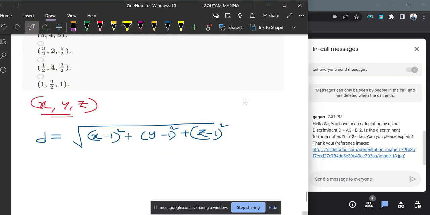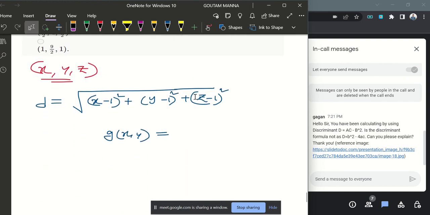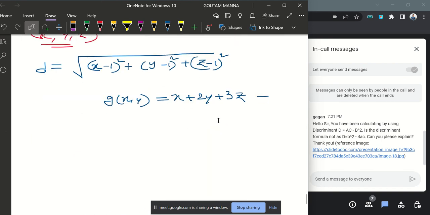So the constraint equation is g of x y z equals x plus 2y plus 3z minus 13 equals 0. Basically we need to minimize this d.